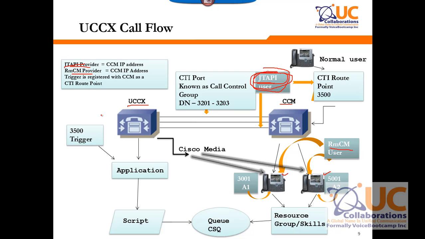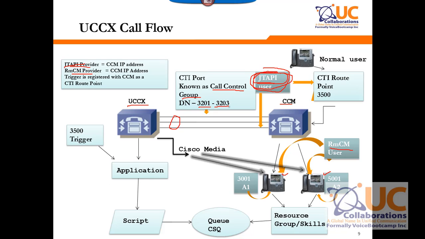Once the initial phase is set up, the next step is to define how many simultaneous ports I am going to create. That will depend on your license and how many simultaneous calls you want. These ports that we are creating are called call control groups from a contact center perspective. Each call control group must have a unique directory number.